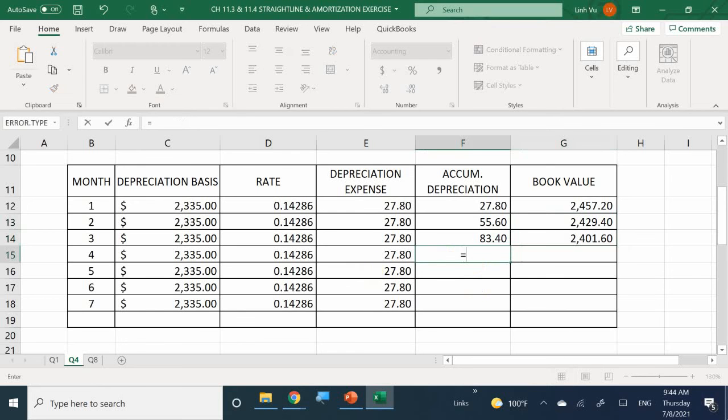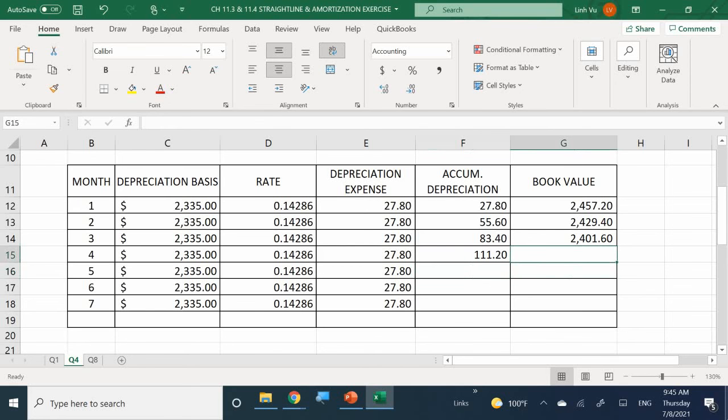So what is going to be the accumulated depreciation for the fourth month? 111.20.